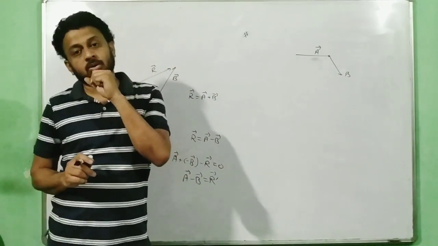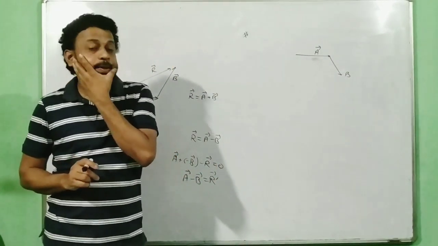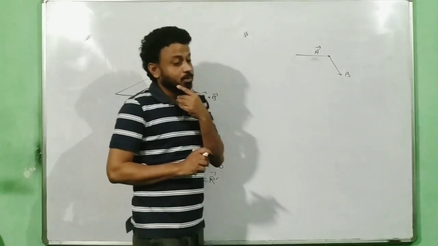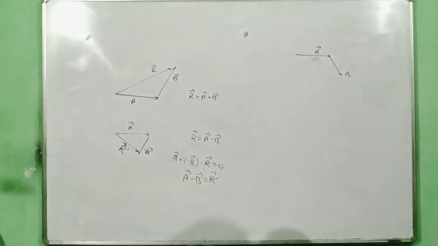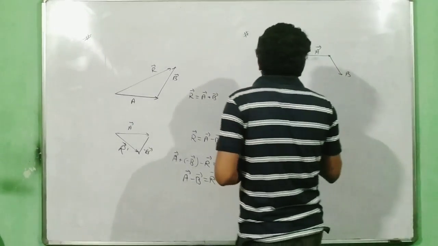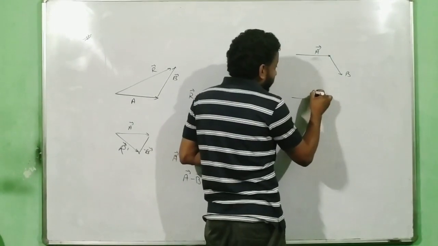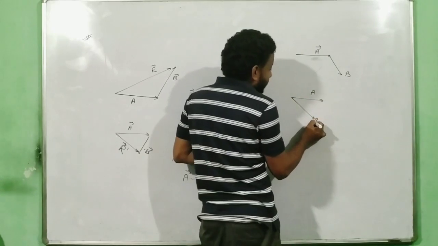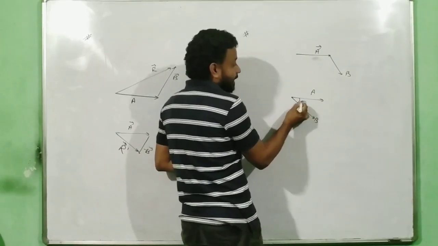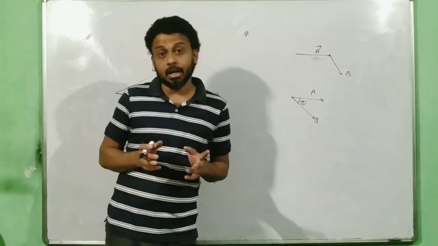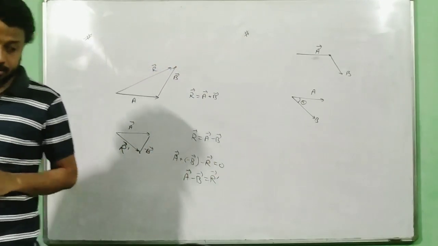And I will say that is wrong. Why is it wrong? Because again I am telling you, when you say angle between A and B vector, I mean that the tail of A and the tail of B should be at the same point. When the tails meet, then that angle is what we call the angle between the two vectors.